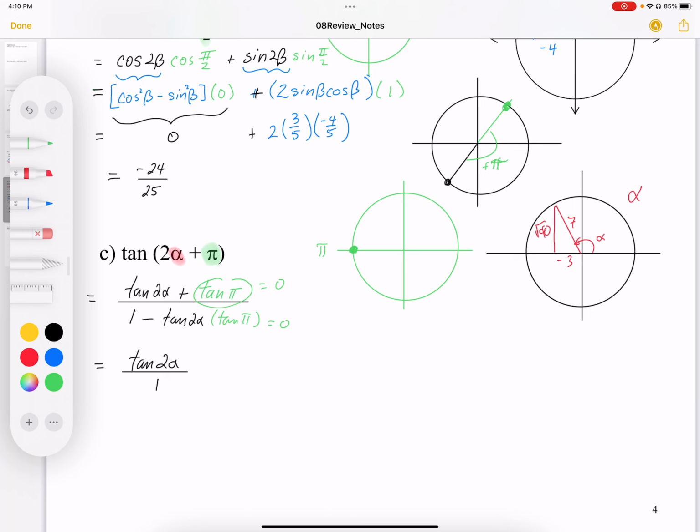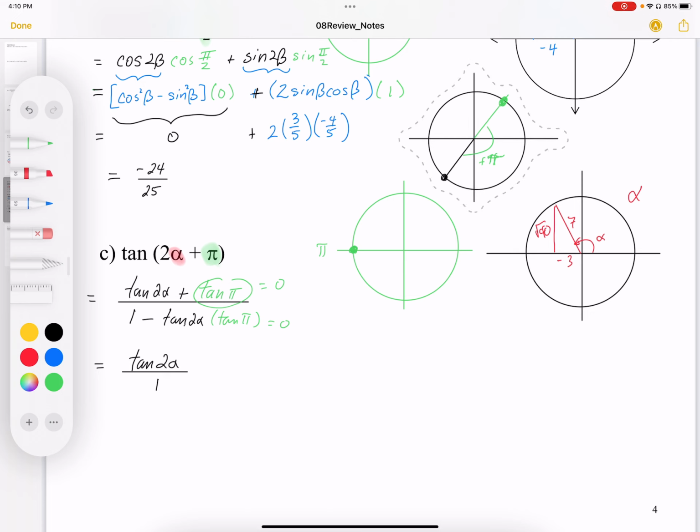Okay, so I'm just going to put this off to the side. And now I just have to worry about the 2 alpha. So the tan 2 alpha, I can just change using the identity from my formula sheet. Again, I'm just going to get this from my formula sheet.